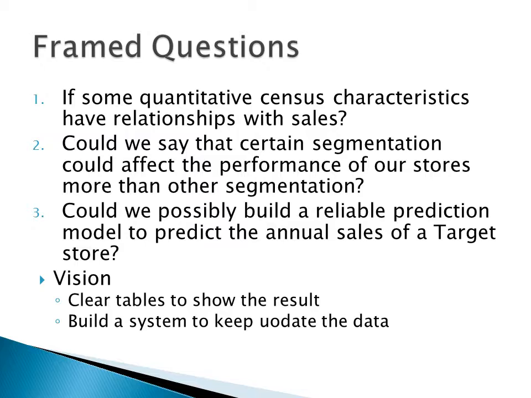For example, if households with high income could be more profitable or could affect our sales more than households with low incomes. And the third, could we possibly build a reliable prediction model to predict the annual sales of a Target store in the future?